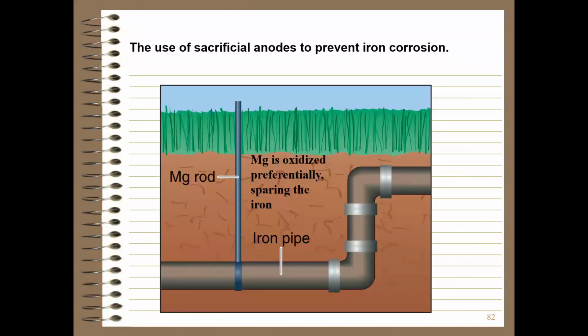So in this particular one, it's called a sacrificial anode because it gets sacrificed. Magnesium has a greater tendency to be oxidized than iron. So if you attach a magnesium rod, it'll corrode, but the iron won't. It's kind of cool. It has a preference to be oxidized. So that's another way to prevent corrosion.